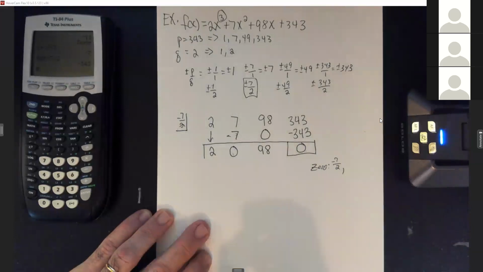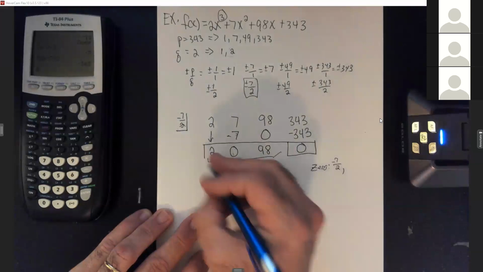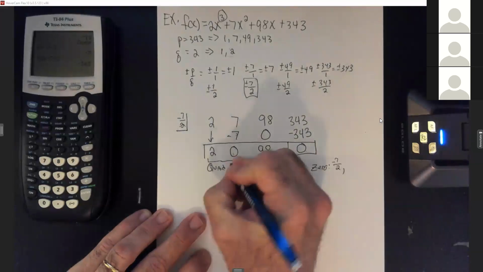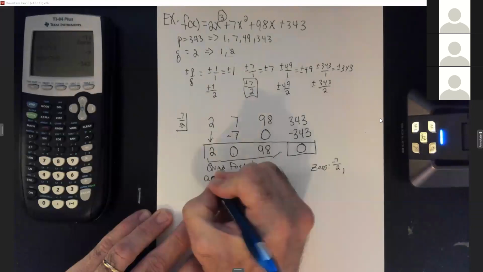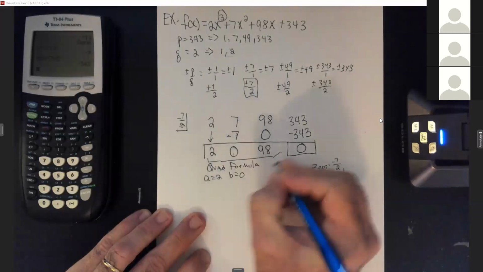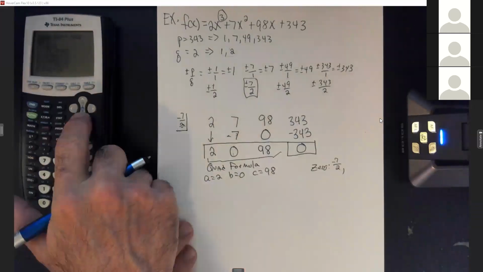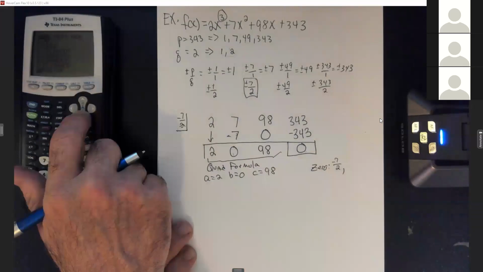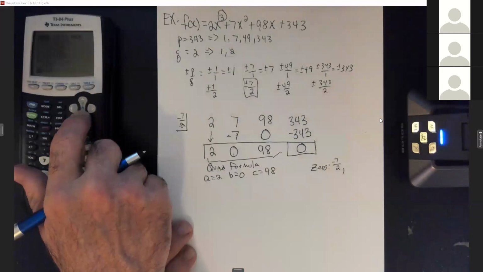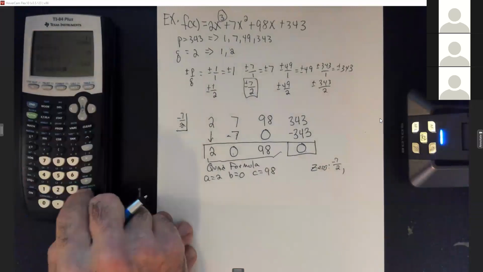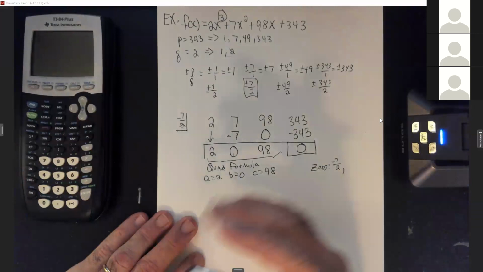Now, since I only got 2 zeros left and I got 3 numbers here, I'm going to use my quadratic formula. A is 2, B will be 0, and C will be 98. So let me go to Program, Quad. Now, y'all ain't gonna lie, if y'all really want to, y'all can do these by hand, okay?